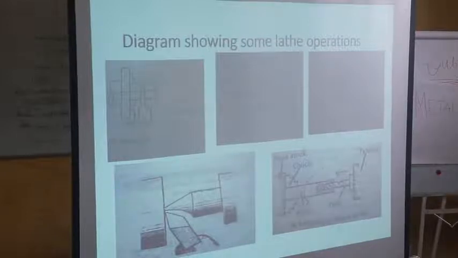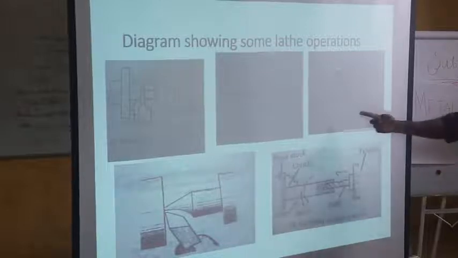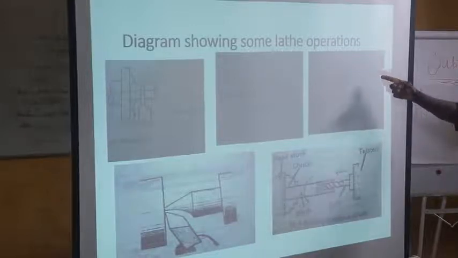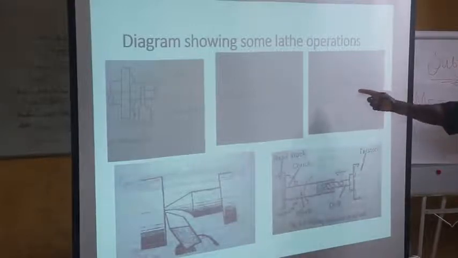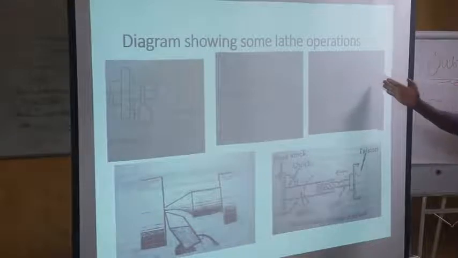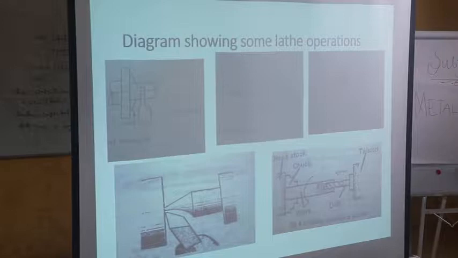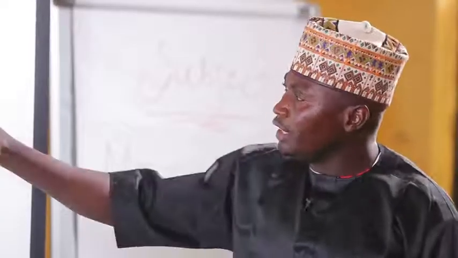The next one is knurling. This, of course, is the knurling tool. This is the workpiece. It's a very long one, and at the right end is the tailstock spindle that is holding the workpiece.